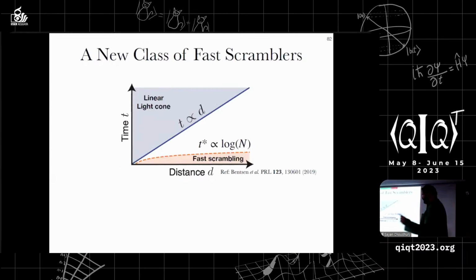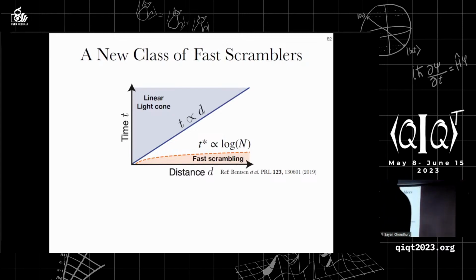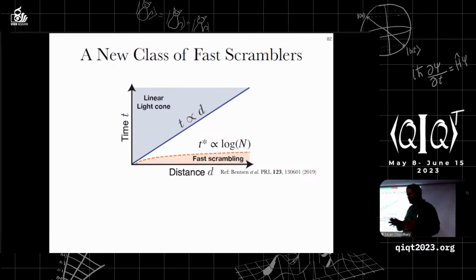Let me tell you what we need to scramble fast. The first thing you need is long-range interactions, because if you have a short-range interacting system, then the system scrambles through a linear light cone.